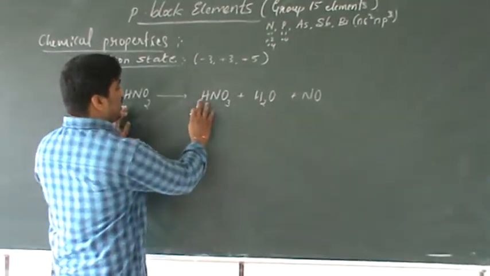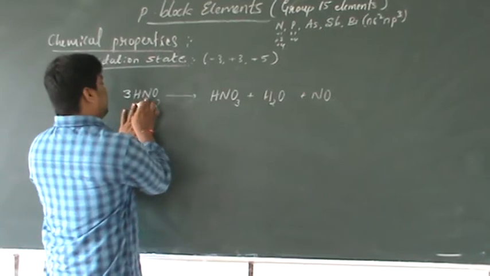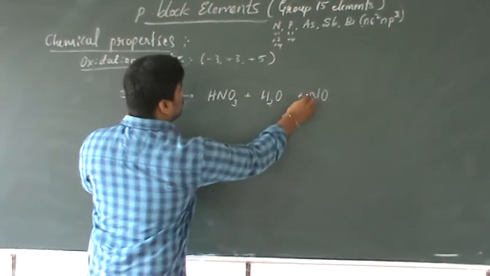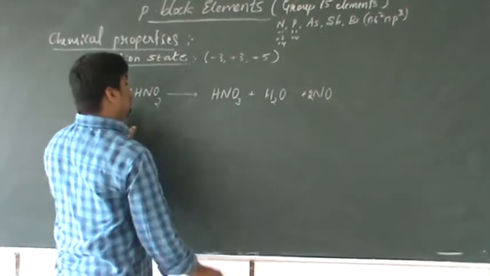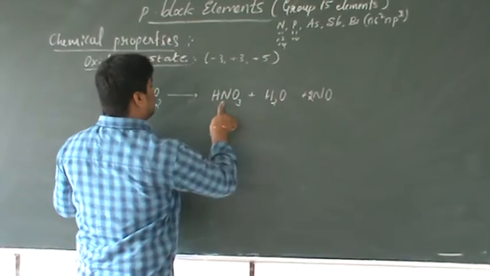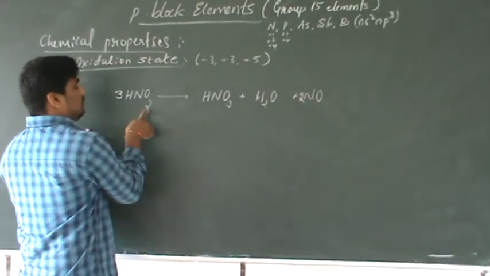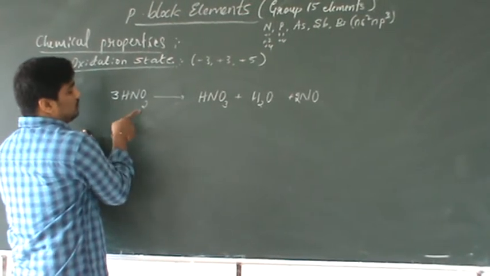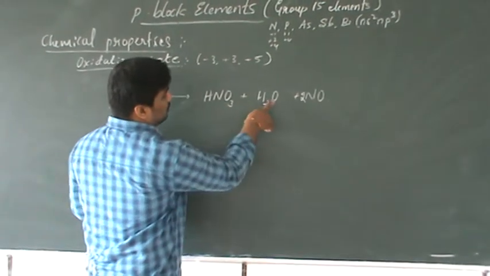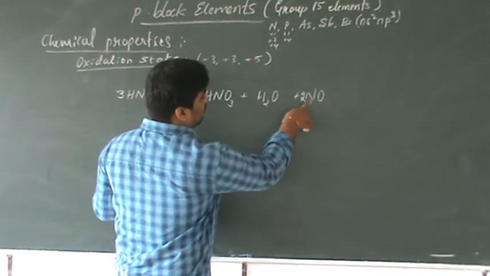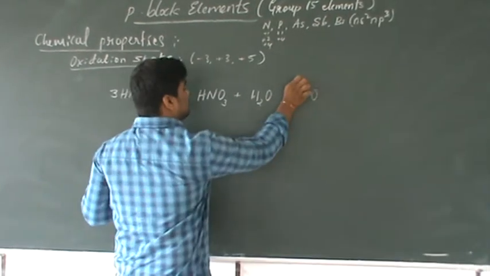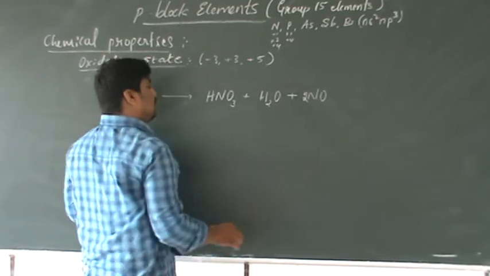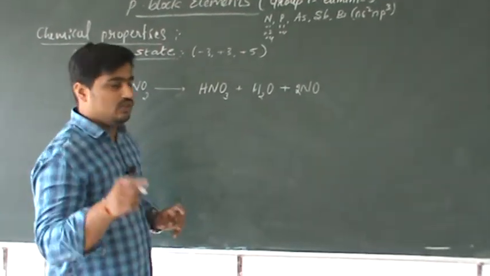Hydrogen gets balanced, 3. Next nitrogen, 3 nitrogens on the left, 1 and 2 on the right. Then NO becomes 2, N2 plus 1, 3 into 2, so it becomes 6, 3, 4, 5, 6. The reaction gets balanced. Clearly observe, please note it down.